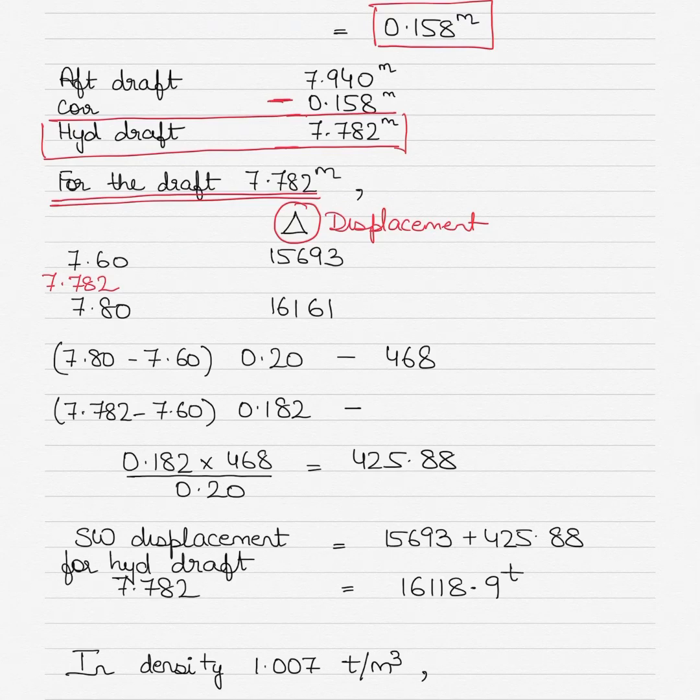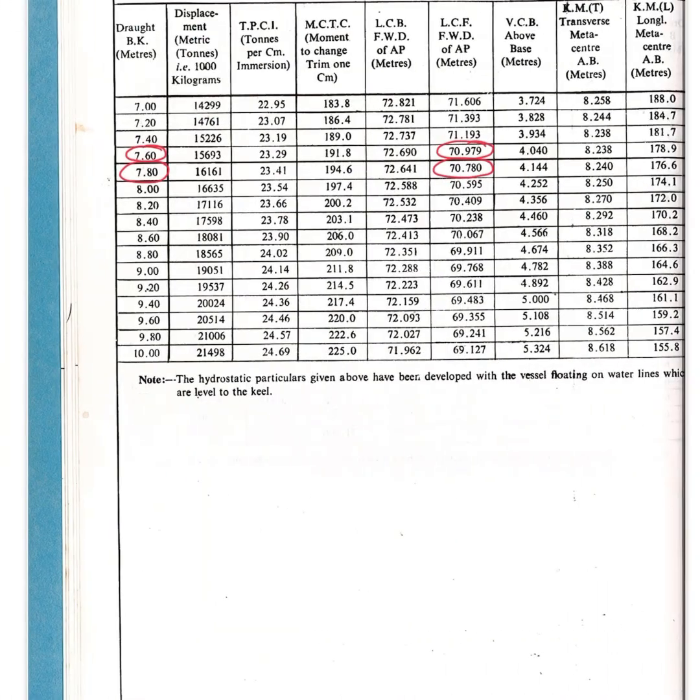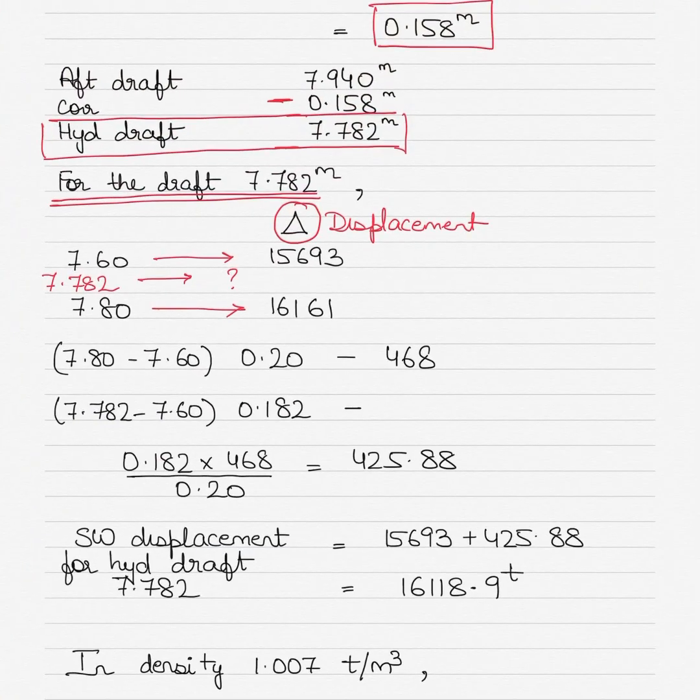So again we go back into the tables, we find out the displacement values for a draft of 7.6 and 7.8, and we carry out an interpolation to find the displacement value for 7.782, which is the hydrostatic draft. Alright, so we go back into the tables and find out the displacement value. Here you can see, and we go back. So this is where we find out the values.